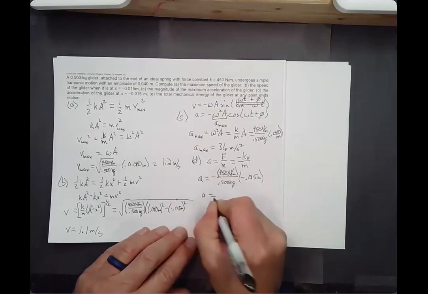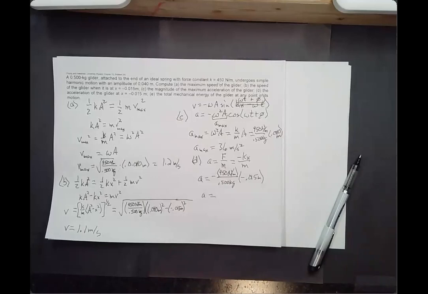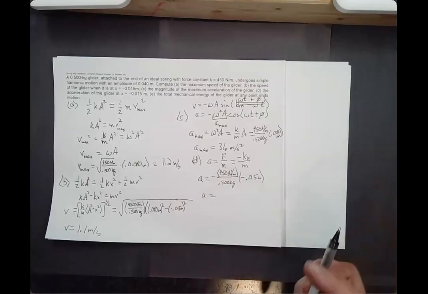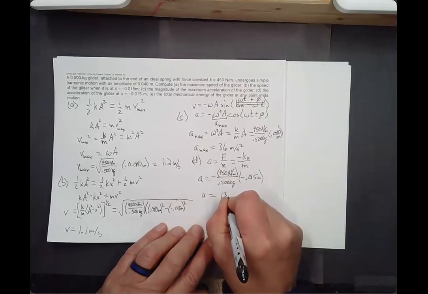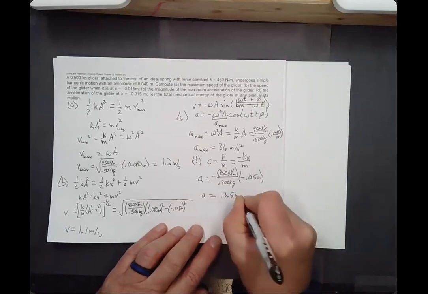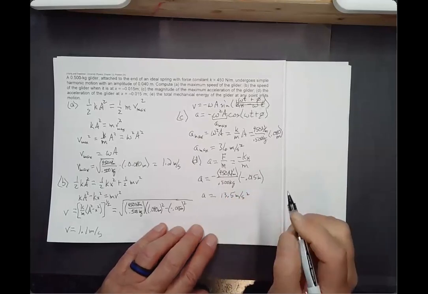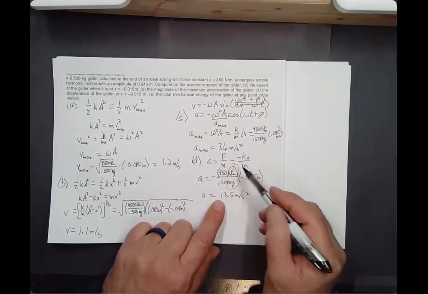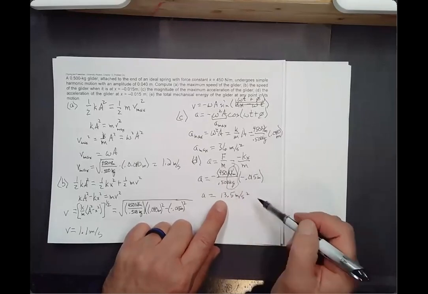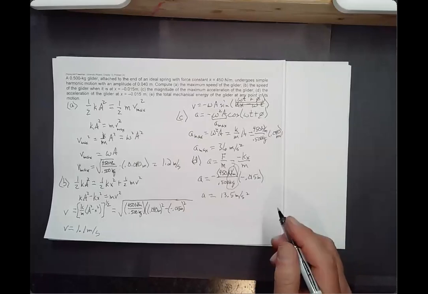So a is equal to whatever that ends up being. Okay, and it's about 13.5 meters per second squared. Again, this combination of units gives me per second squared. So that's why I end up with that.